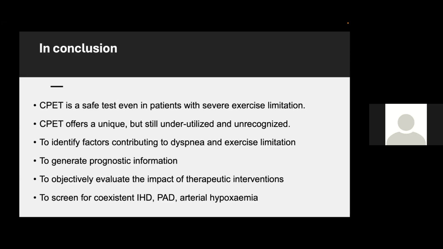It can evaluate the impact of therapeutic interventions, to manage and follow our patient, whether by surgical, percutaneous, or medical management. And it's a really important tool for screening for existing ischemic heart disease, peripheral artery disease, or arterial hypoxemia.